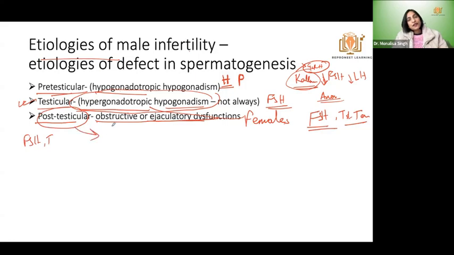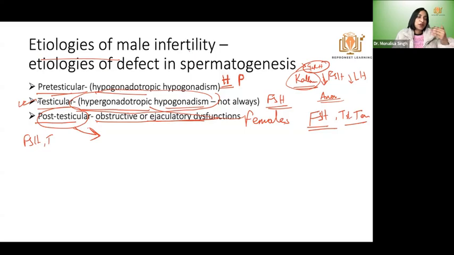The causes of male infertility where sperm motility is affected, like Kartagener's syndrome or globozoospermia, are also considered under post-testicular causes of male infertility. So three things: ejaculatory dysfunctions, obstructive causes of the male reproductive system, and sperm defects in motility are also post-testicular.